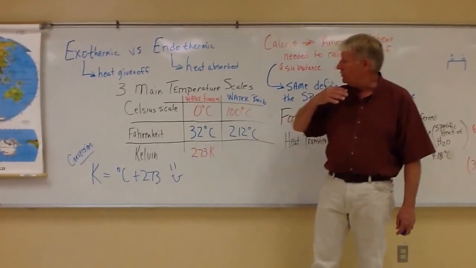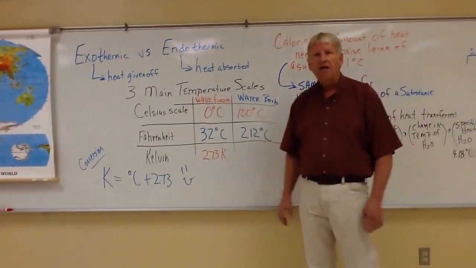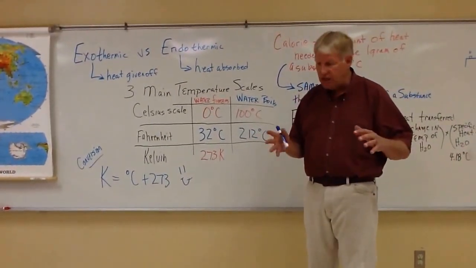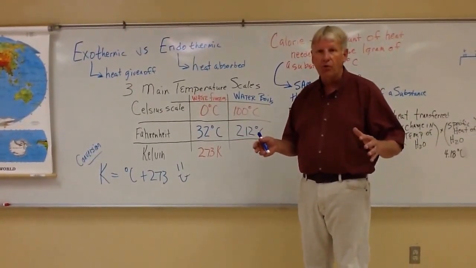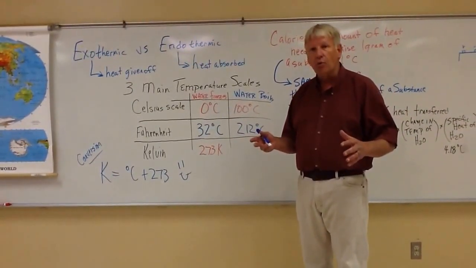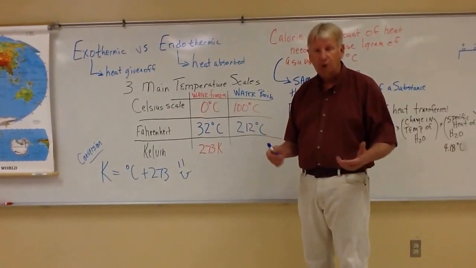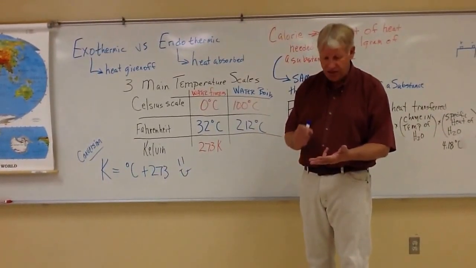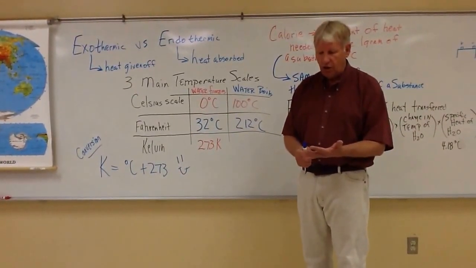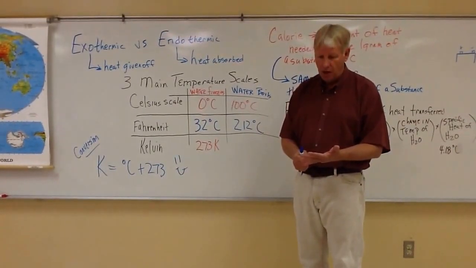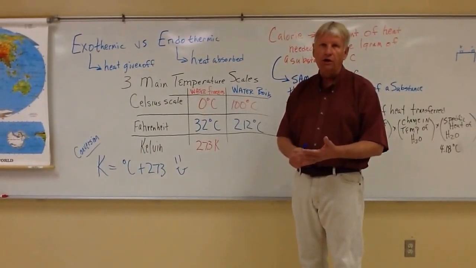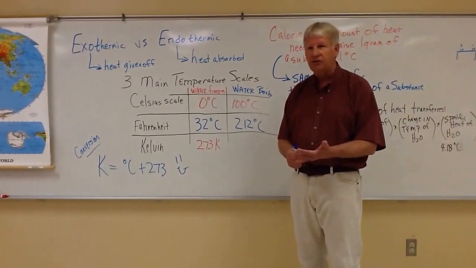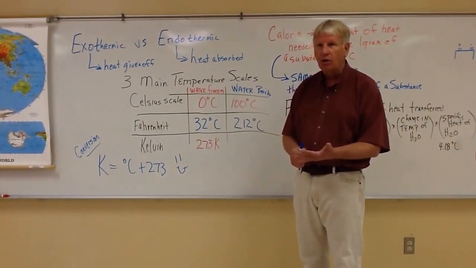So when we do the Fahrenheit scale, that is our English unit. And we've talked about this a little bit before, but the English units are not really logical, but they're what we're used to. Ounces, gallons, pints, quarts. I know when I was growing up, my dad said, we've got to practice this. How many ounces in this? How many pints in a quart, and all these different things.